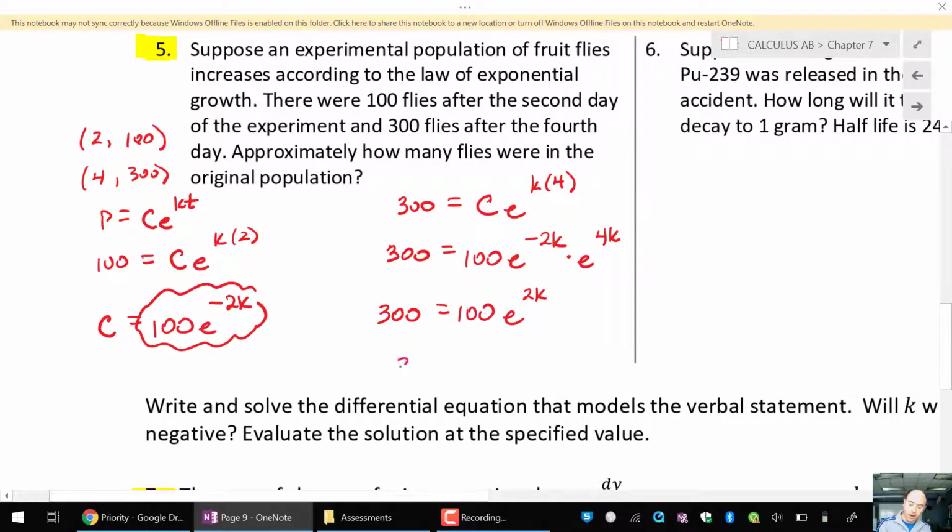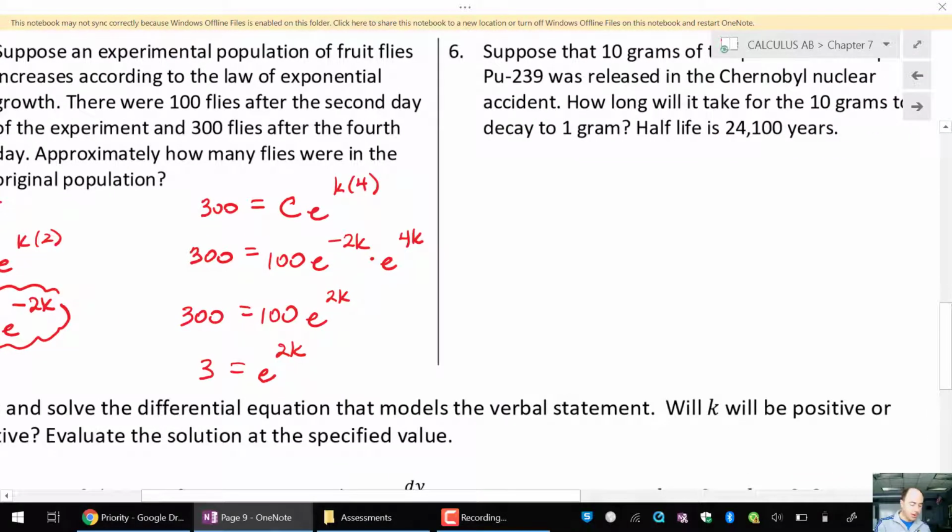Divide by 100, and now I'm ready to use my calculator to solve for k. Take the natural log of both sides and then divide by 2 to isolate your variable of k. You can check that math on your own, but the k value here ends up being 0.5493.